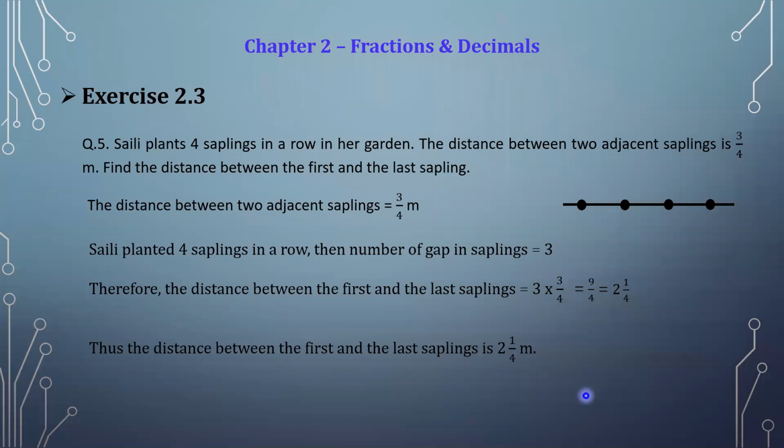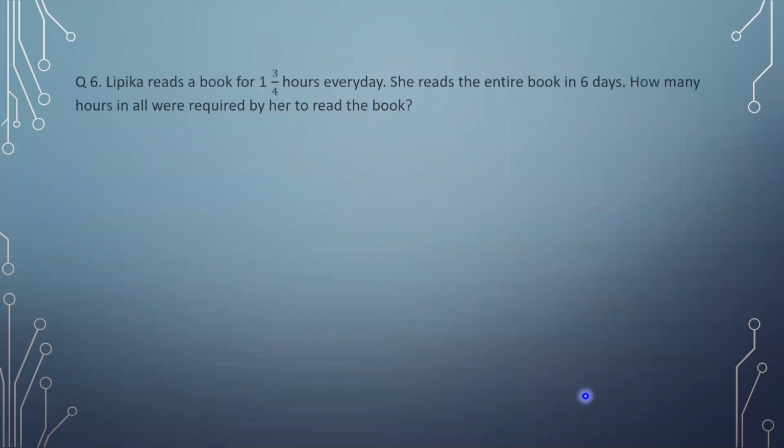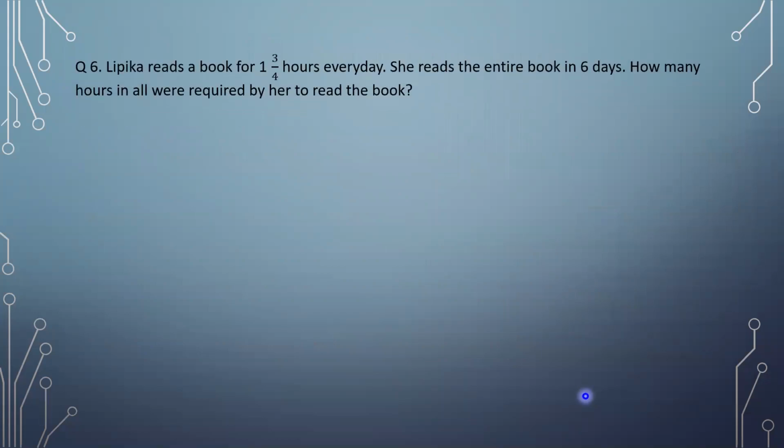Now, in the same way, we are going to consider the next word example. The same concept we have to follow; only the values and conditions are different. The next word example is: Lipika reads a book for 1 3 by 4 hours every day. That means it is a mixed fraction now.